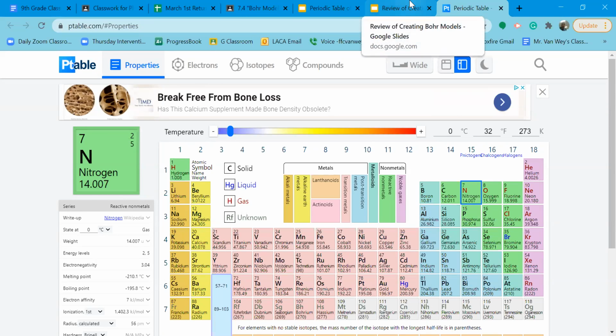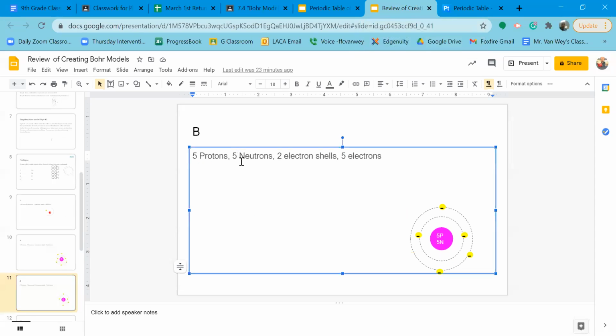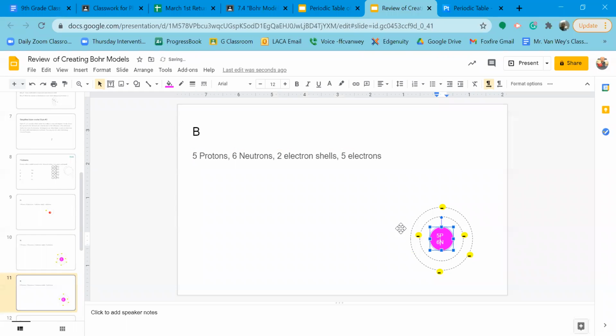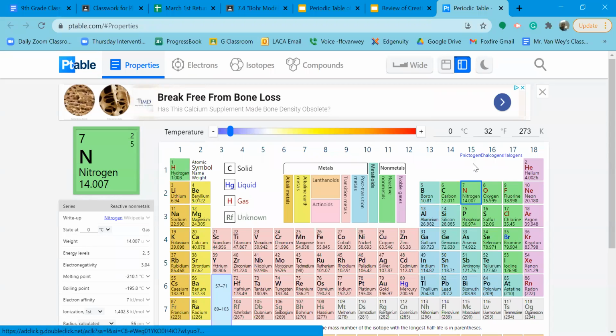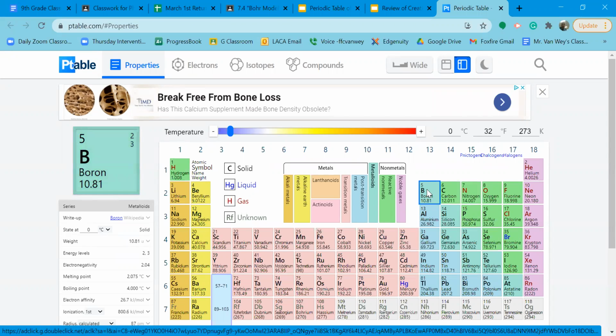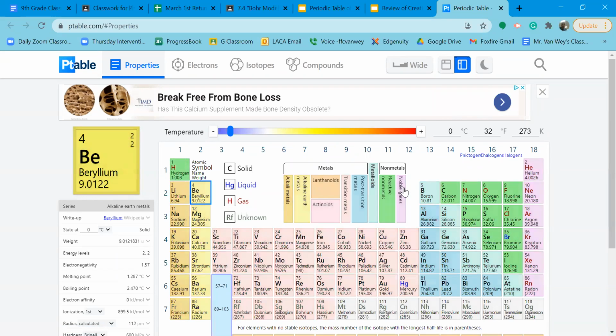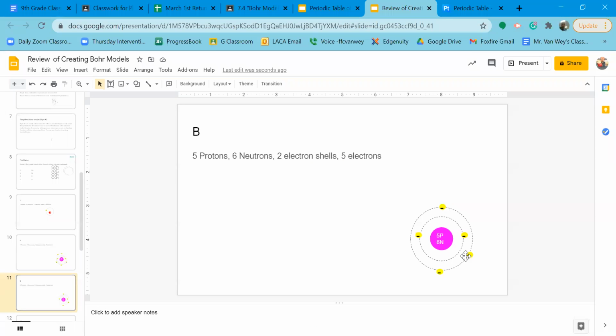Nope. I got confused. So this should be 6 neutrons. It's still going to have 2 electron shells because it is in the second row. The outermost shell is going to have 1, 2, 3 electrons on it, but it's going to have 5 electrons total, because again, the first shell holds the first 2.